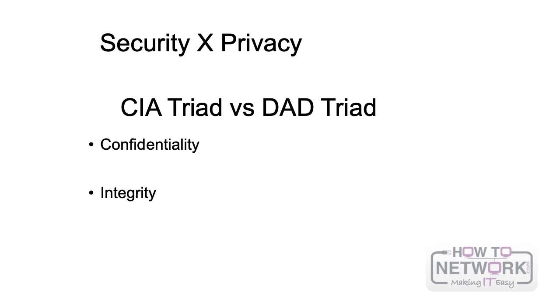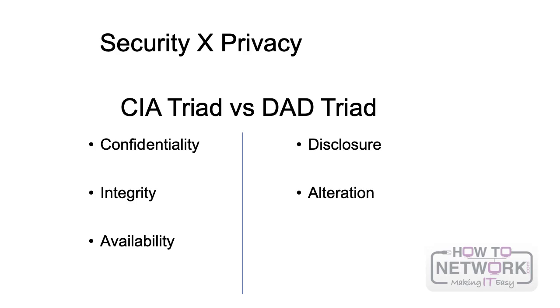That stands for confidentiality, integrity, and availability. The goal of each of these is to protect against disclosure, or at least excessive disclosure. Integrity is focusing on protecting from alteration, tampering of data. And availability wants to prevent services from being denied.